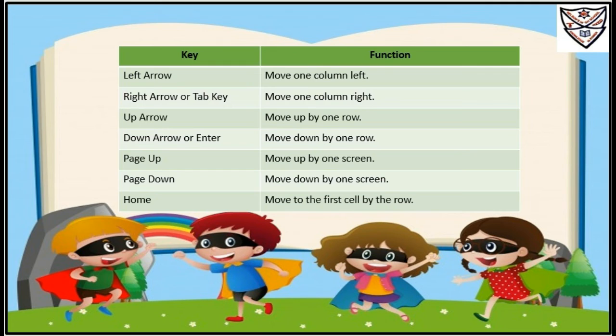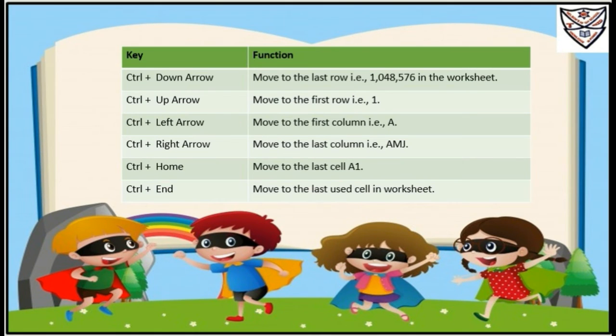Home: move to the first cell of the row. Control plus down arrow: move to the last row, that is 10,48,576 in the worksheet. Control plus up arrow: move to the first row, that is 1.